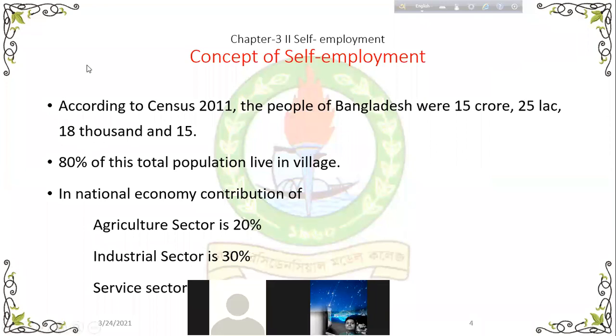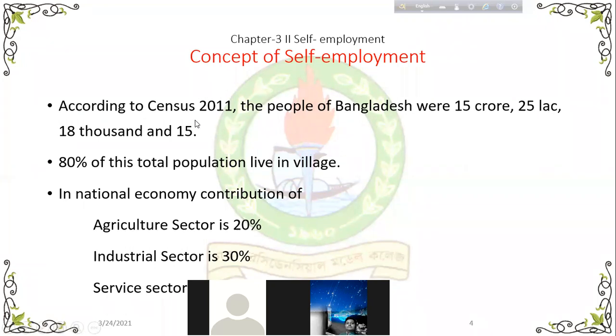Before starting these points, I have to say something about self-employment and the condition of Bangladesh. Bangladesh is a developing country. Every 10 years, the Bangladesh government holds a census, that means counting the population of Bangladesh. The last census was held in 2011.